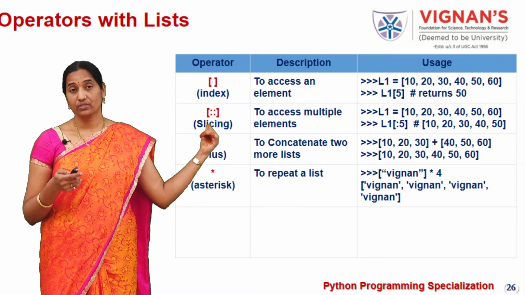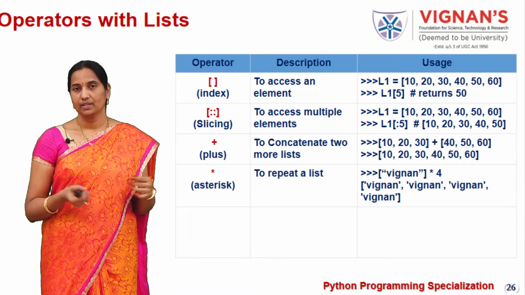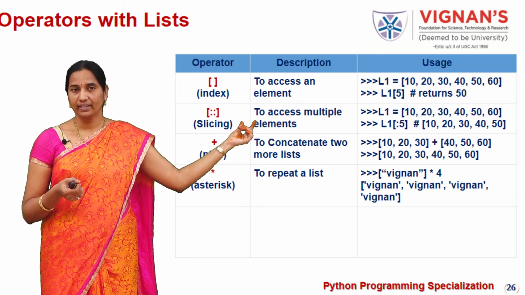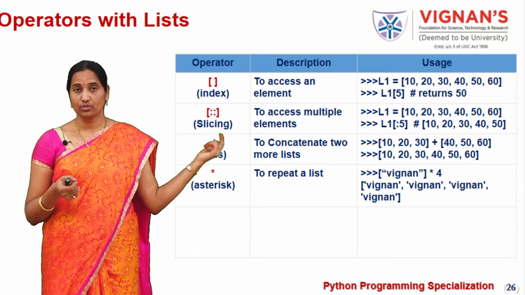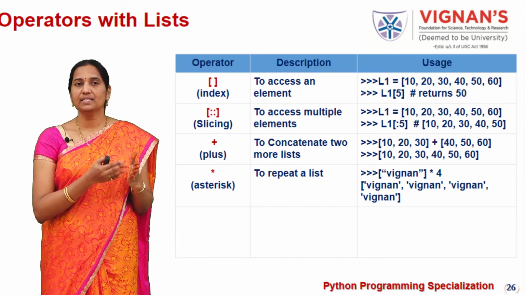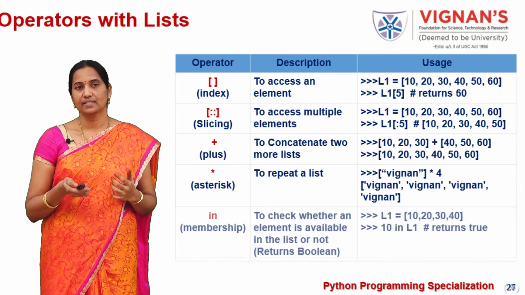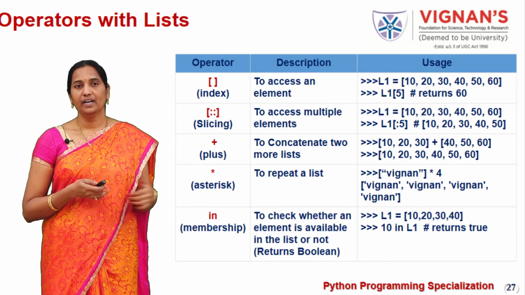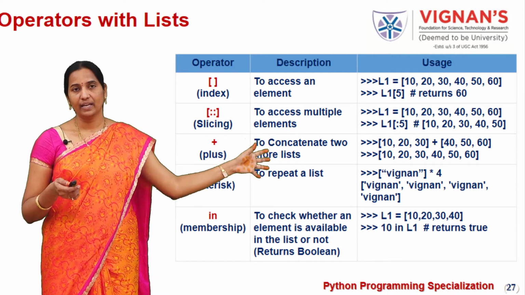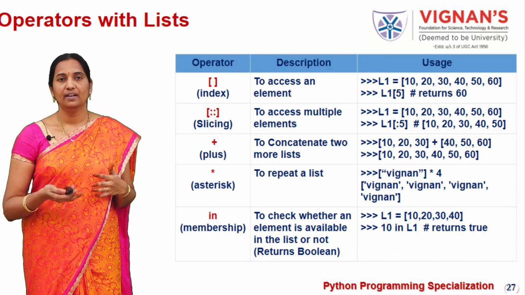Now let us see how an asterisk operator is used to repeat the same list 4 times. Here a list has a single element, a string Vignan, and because we are using the asterisk operator with 4, the same list is repeated 4 times and it is returned as a single list. If you observe the membership operator in, here 10 in L1 returns true because the element 10 is available in the list L1.